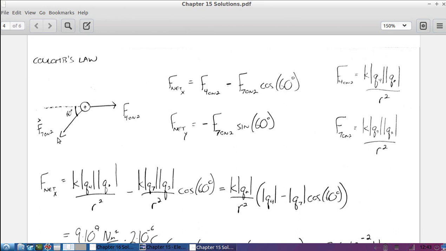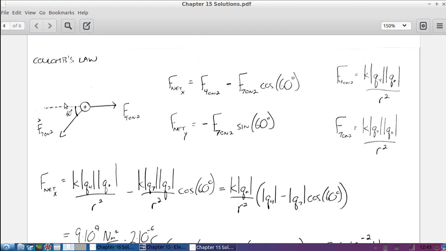We have to go back to our skills from 120, resolve this vector into its x and y components. This is the hypotenuse, this would be the opposite side, the y component, and this would be the adjacent side, or the horizontal component of that vector. So the x component of this force is its magnitude times the cosine of 60.